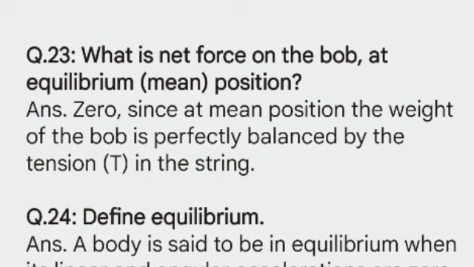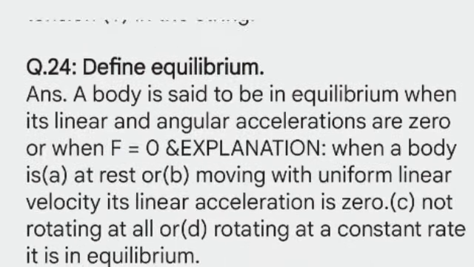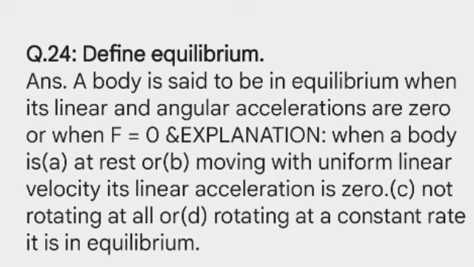Answer is 0, because at the mean position the weight of the bob is perfectly balanced by the tension in the string. The next question: define equilibrium. Answer: a body is said to be in equilibrium when its linear or angular acceleration is 0, or when F is equal to 0.